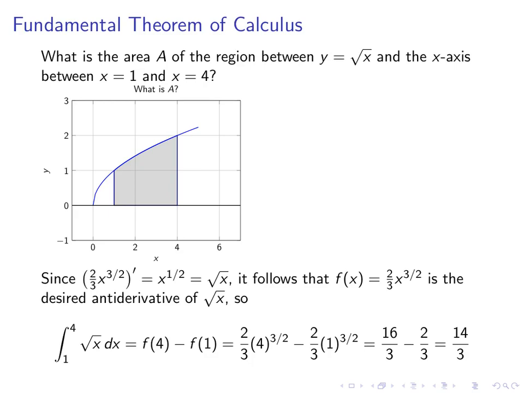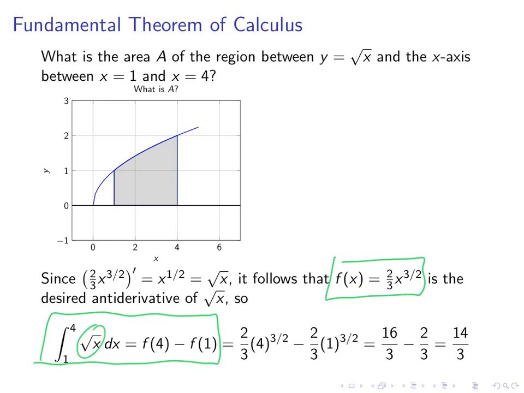In this case, it's not too hard to do. This is an antiderivative of the square root of x. It's easy to check. If you take the derivative of the thing I just put in green, it becomes x to the 1/2, which is the square root of x. Because that's an antiderivative, I can now proceed with the fundamental theorem of calculus.